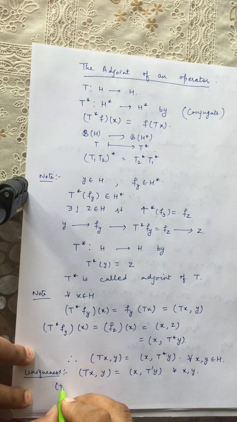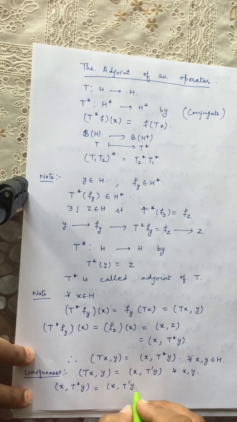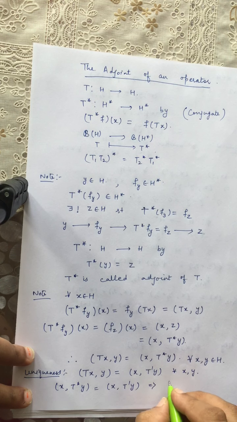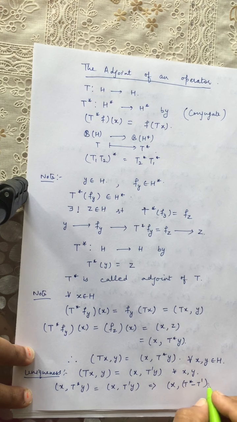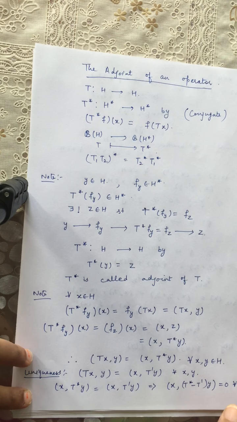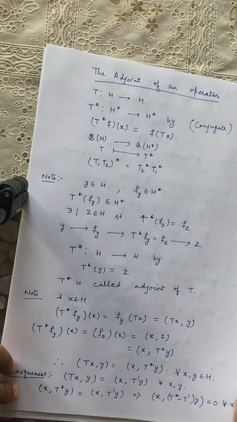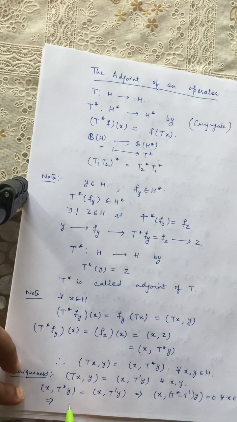That means from here we can say ⟨x, T star y⟩ is just ⟨x, T dash y⟩, which means ⟨x, (T star minus T dash) y⟩ is 0 for all x in H. And if this inner product is 0 for each x in H, that means (T star minus T dash) y is 0 for all y in H, because this equality is true for each x and y.